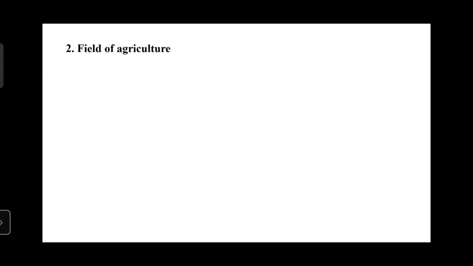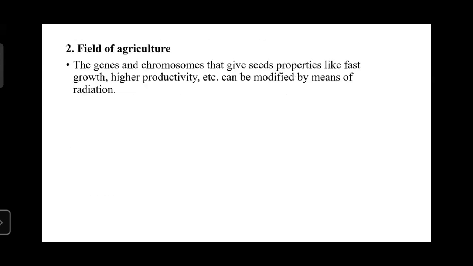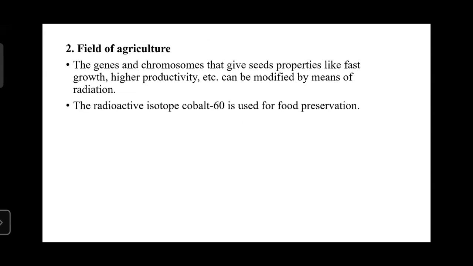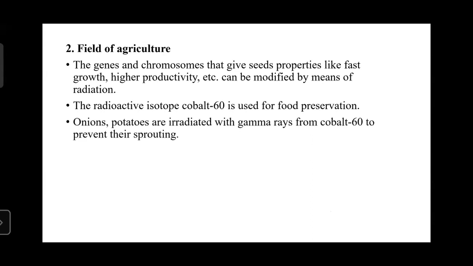In the agricultural field, the genes and the chromosomes that give the seeds some properties like fast growth and higher productivity can be modified by means of radiation. The radioactive isotope cobalt 60 is used as the radioactive substance for food preservation.